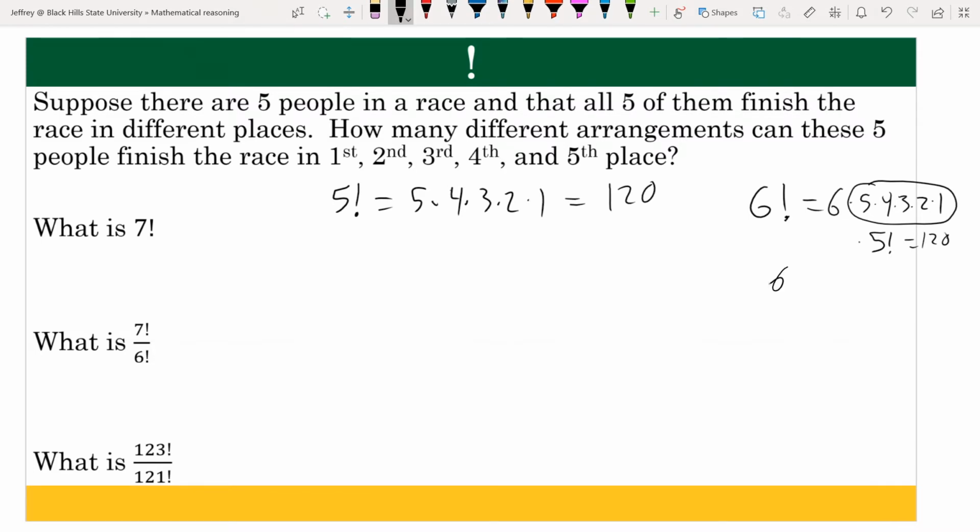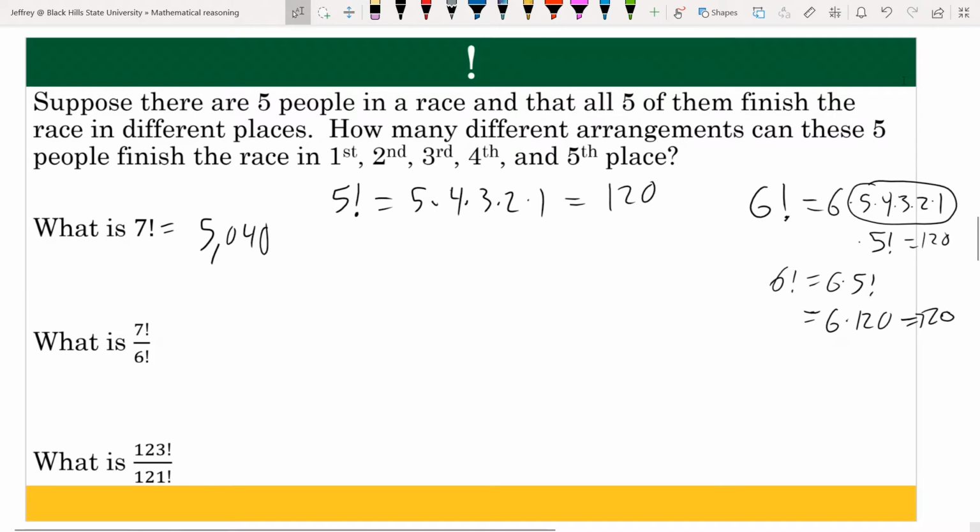So we can actually rewrite 6 factorial as 6 times 5 factorial, or we can rewrite this as 6 times 120, which will give us 720. So what is 7 factorial? We can take 7 times 6 times 5 times 4 times 3 times 2 times 1, and we end up with 5,040.